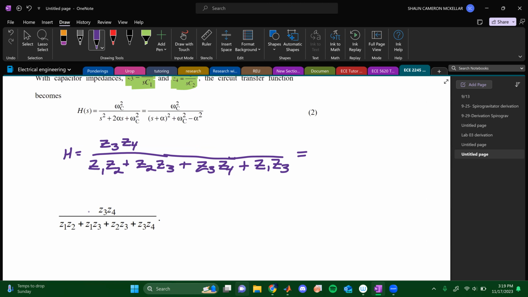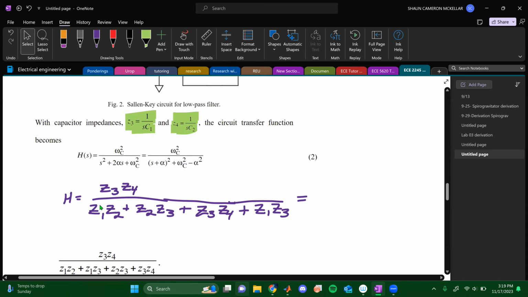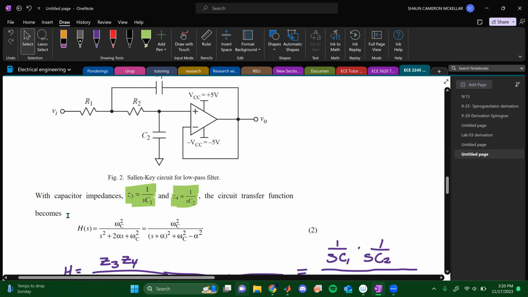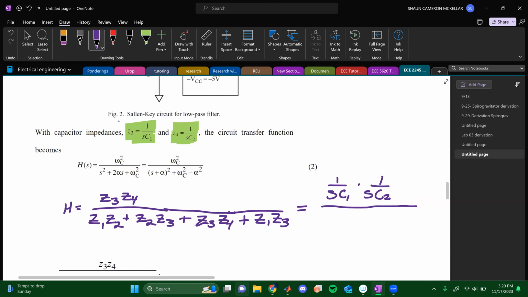So we can plug in our Z3 and Z4 in the numerator. That's 1 over SC1 times 1 over SC2. That's Z3 and Z4. Z1 and Z2 are now R1 and R2, since the impedance of a resistor is just the resistance. So that's that term.